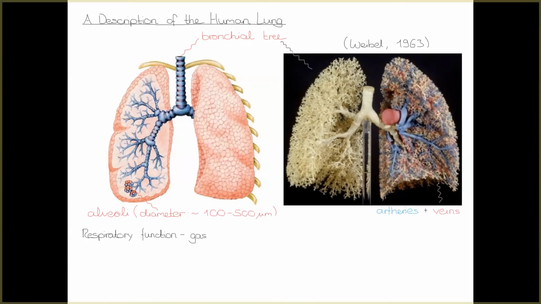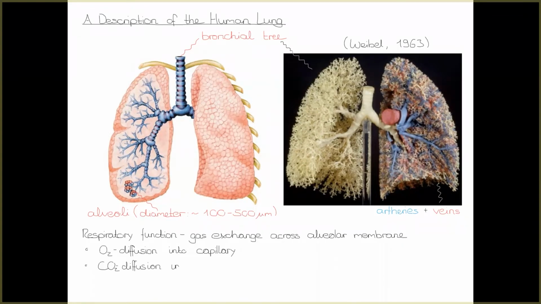So now the respiratory function, I think it's clear. There is a gas exchange, that's the whole purpose of the lung, between the air, which enters the lung, and the bloodstream, which goes through these little capillaries here, which are embedded in these membranes of the alveoli, which we will see very nicely soon.